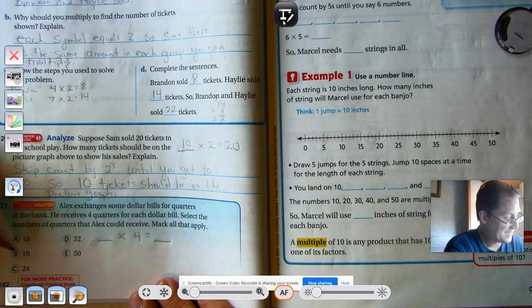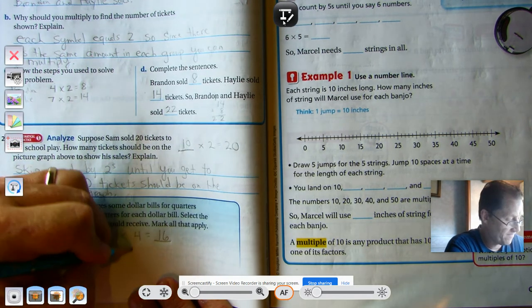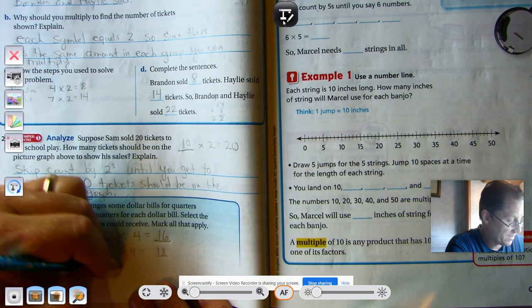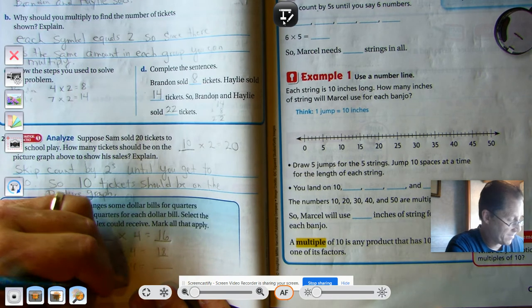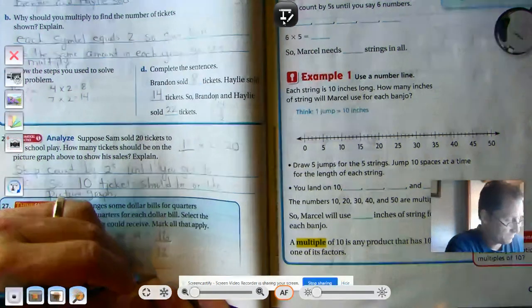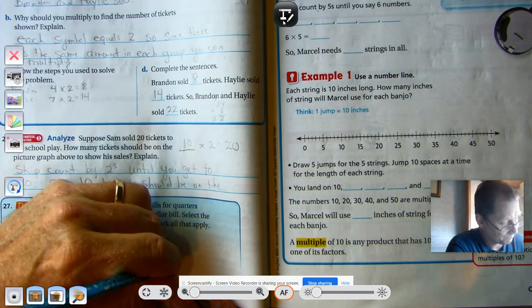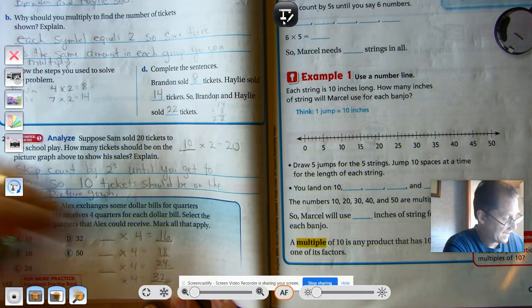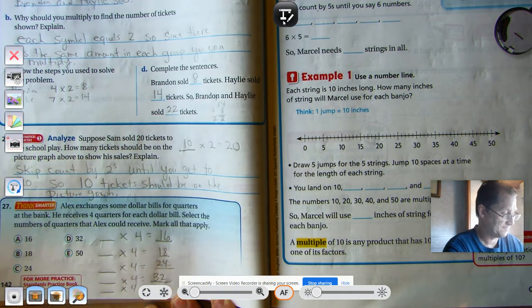So in this case, it's saying, can I multiply by 4 to get 16? Can I multiply by 4 to get 18? Can I multiply by 4 to get 24? Can I multiply by 4 to get 30? To get 32? And can I multiply by 4 to get 50?